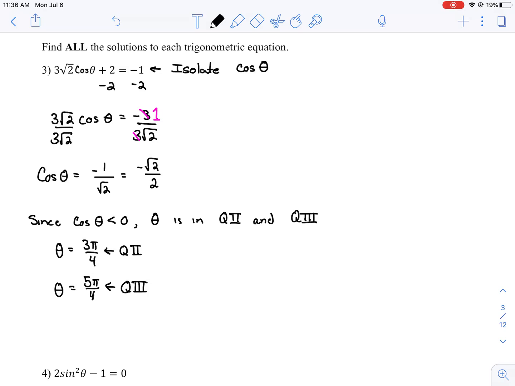And since we want all solutions to this equation, all coterminal angles to 3 pi fourths and all coterminal angles to 5 pi fourths will have cosine values of negative square root of 2 divided by 2. So the solution can be written like this.